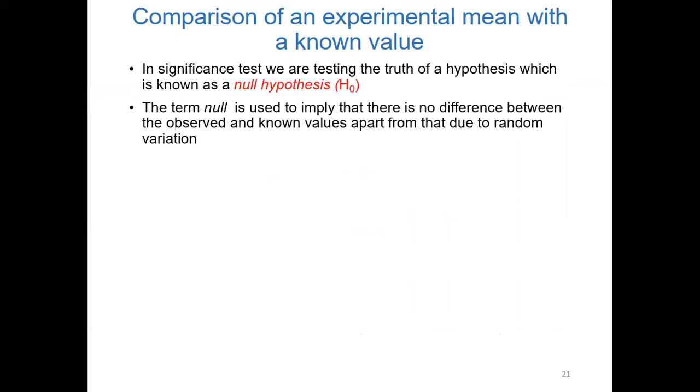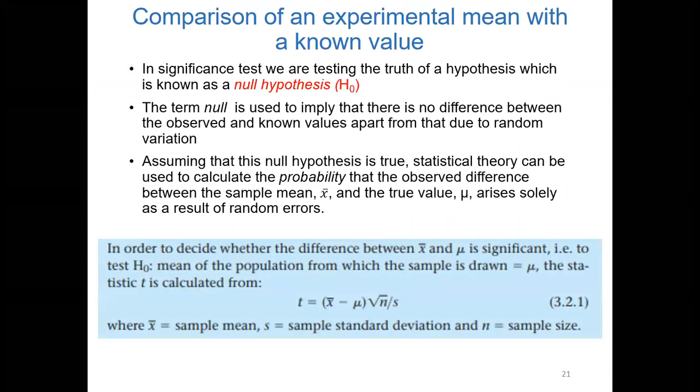We discussed how to compare the mean value with a known value using the t-statistic or t-test. There we define a null hypothesis. That is one of the most important things: whenever we do significance testing, we have to define a null hypothesis.